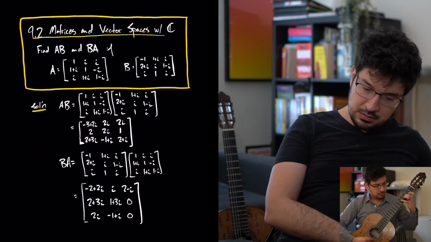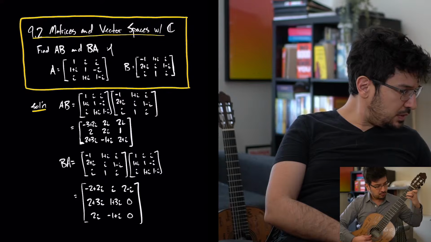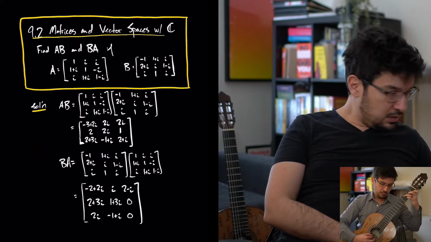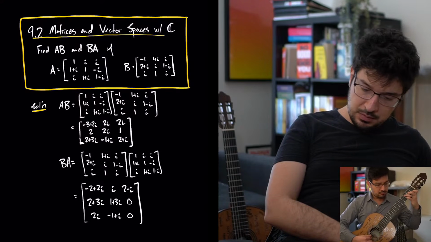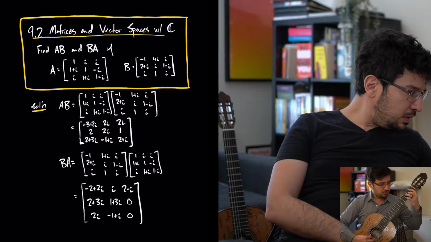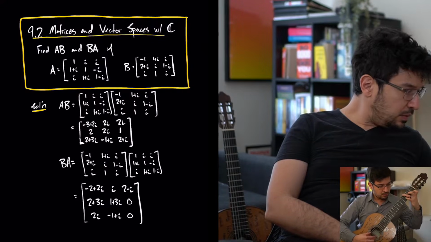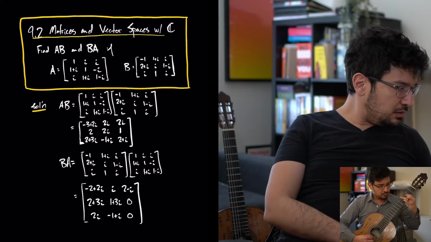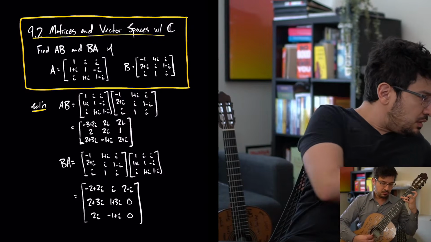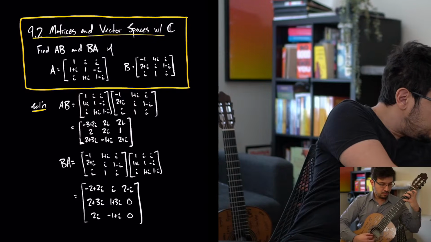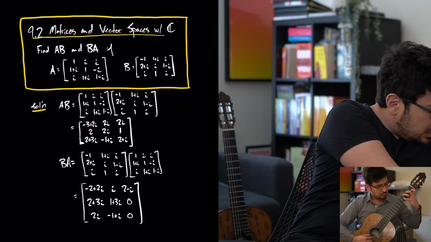Got it? Negative 2 plus 2i, 2 minus i, 2 plus 3i, 1 plus 3i, 0, 2i, minus 1 plus i, 0. Got it? Okay. We did it.